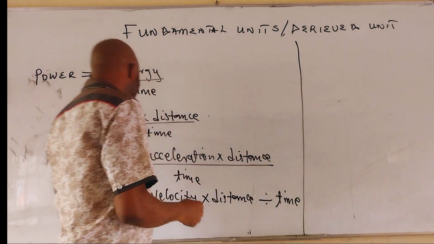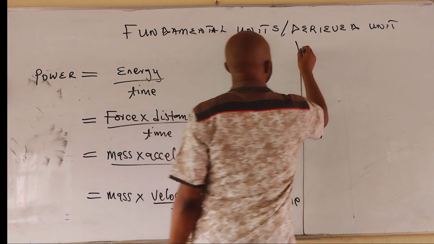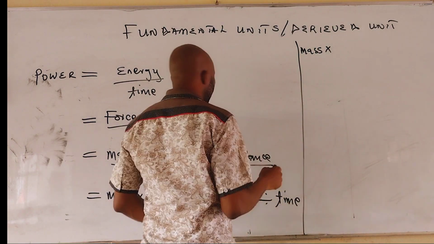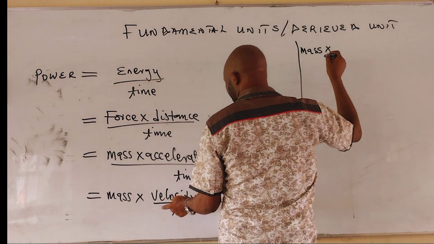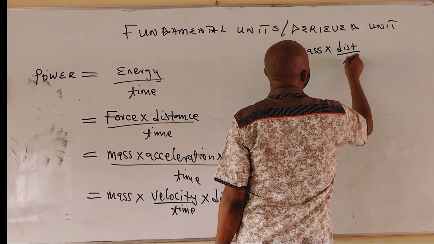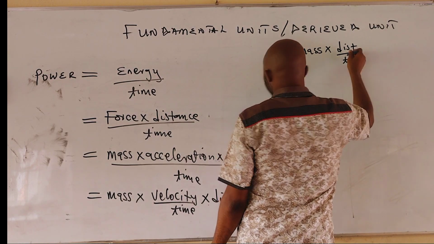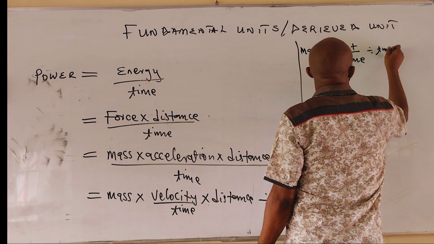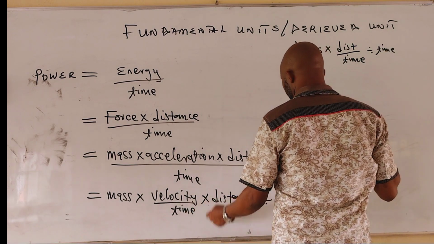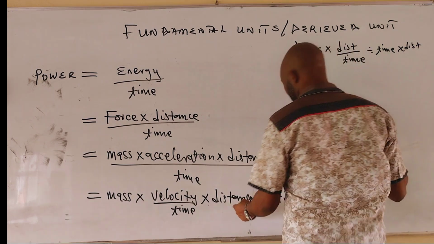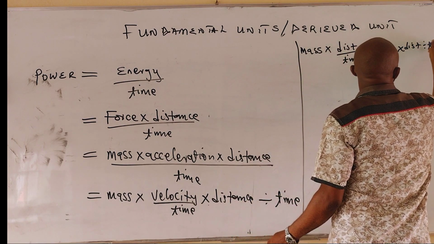Now my mass, this is mass times velocity, which is distance over time. Velocity is distance over time, divide by time, times distance, which is this, divide by time.